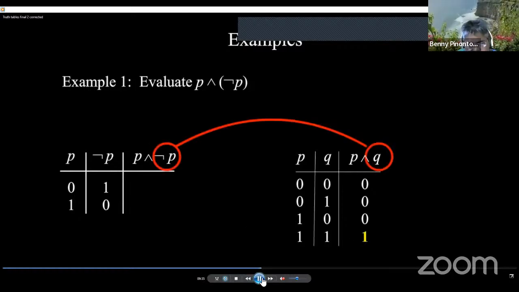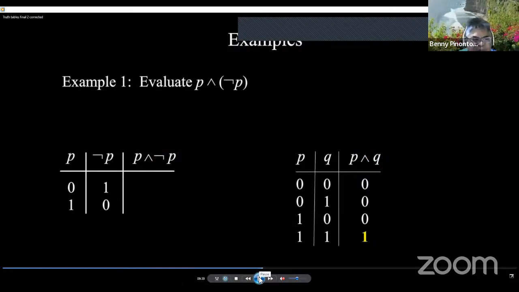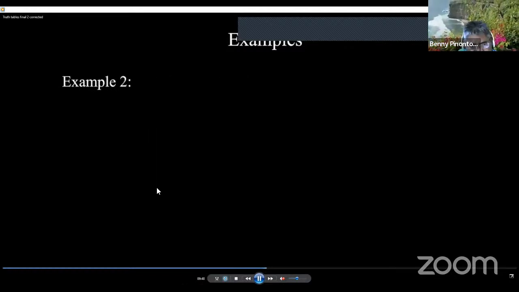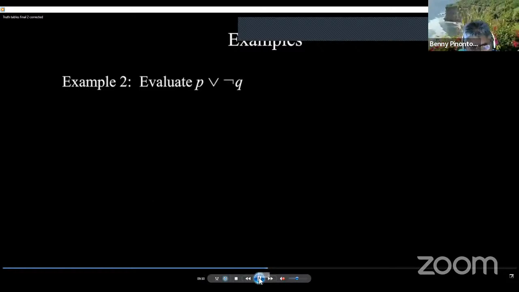So here, this Q is actually not P, so we have not P for the Q. And here we have the minimal value of P and not P, and because it is never 1 there, they are all 0.